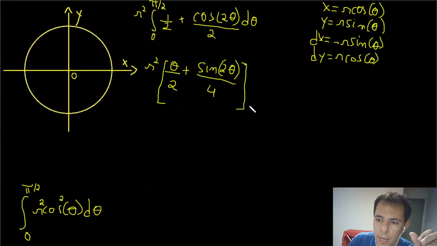So there you go. Now you have to replace the theta here from 0 all the way to pi divided by 2.